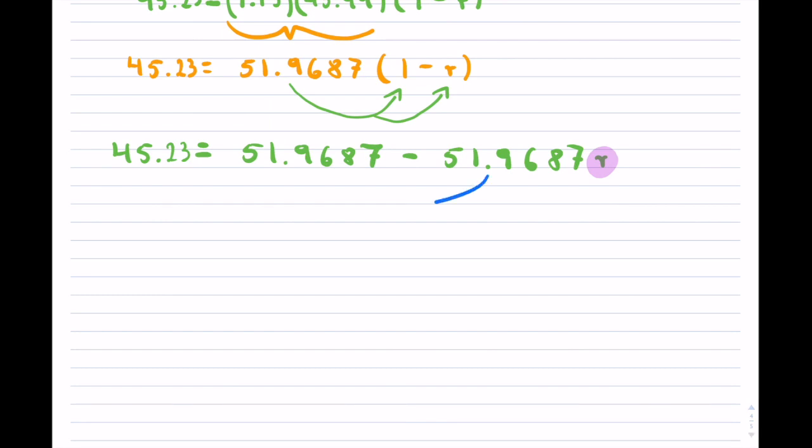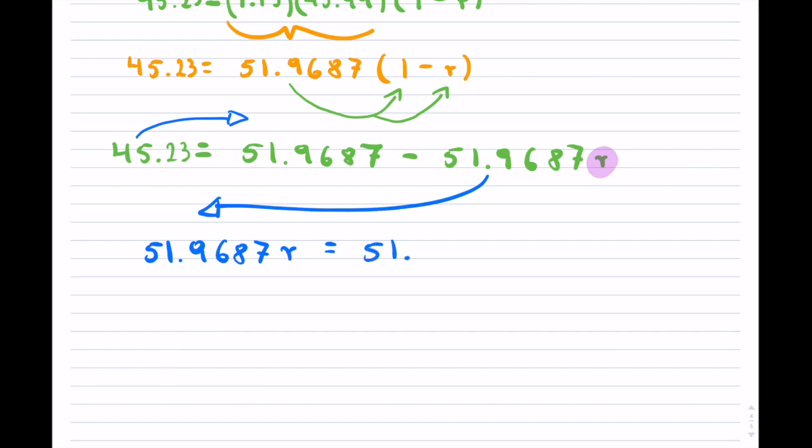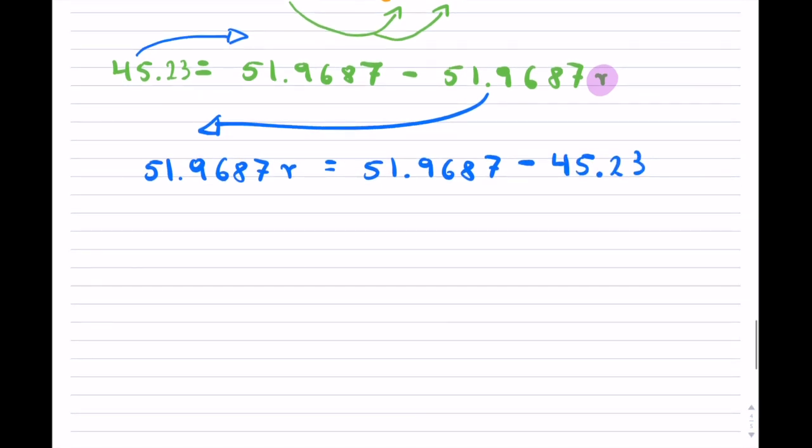So I will simply change this over to this side, and I'll bring the number over to this side, and that's going to result in 51.9687R is equal to 51.9687 minus 45.23. And now I can do the subtraction on the right-hand side.